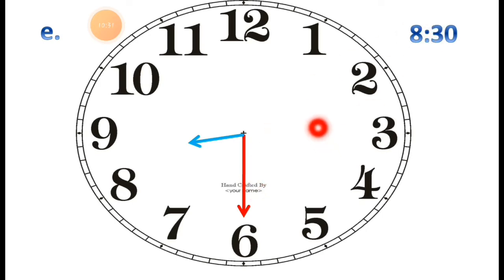Now this clock shows 8:30, half past 8. You can say in words that it is half past 8. The half circle is past. That's why we can say it is half past 8.